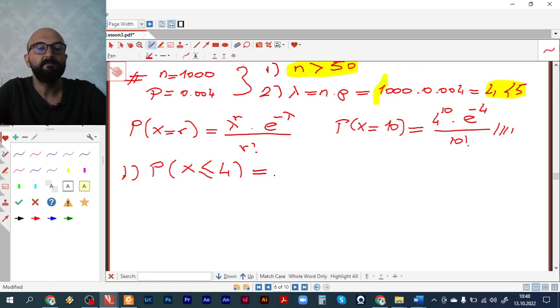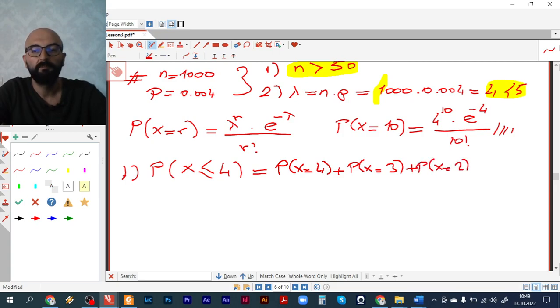Please remember that the Poisson distribution is a discrete distribution, and you should compute the probability of 4 plus the probability of 3 plus the probability of 2 plus the probability of 1 plus the probability of 0.